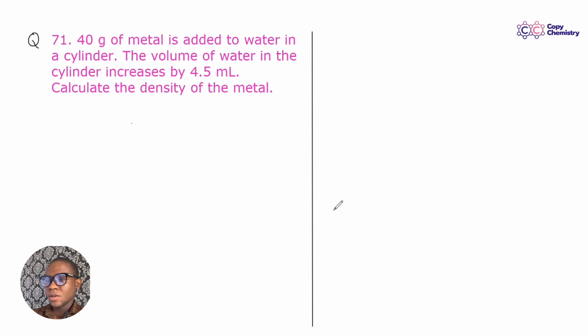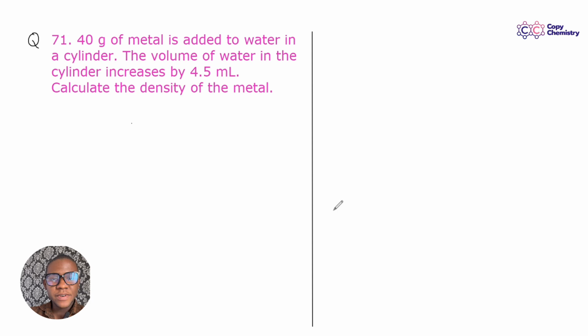If you're dropping the metal in water, and the volume of water in the cylinder rises by 4.5 mL, it means that it is the metal that you dropped in the water that caused the level of the water to rise by that amount, 4.5 mL.